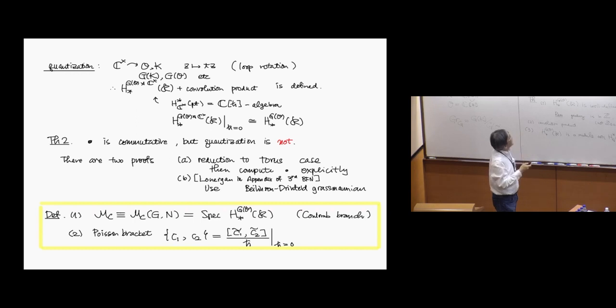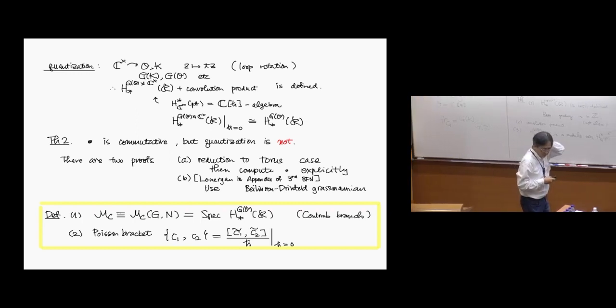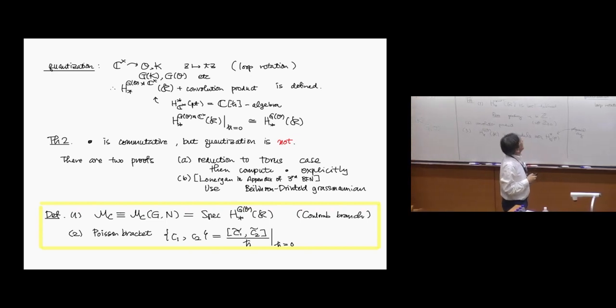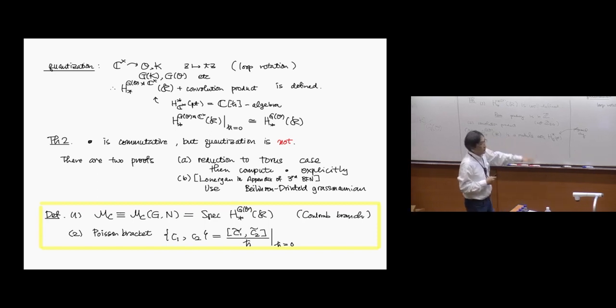This is not a satisfactory proof, but it works. And there's a better proof by Nergan. Maybe I don't know how to pronounce it. His proof is given in the appendix of our third paper.